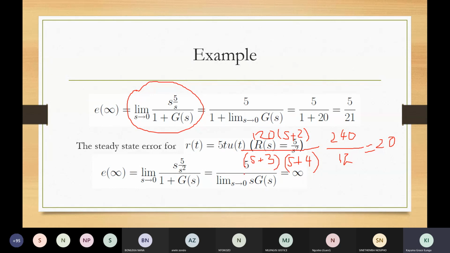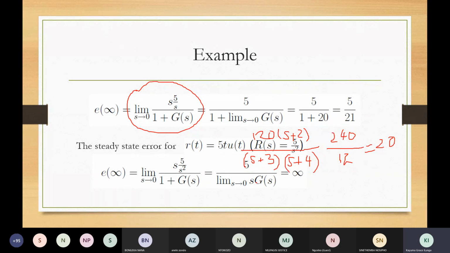That s is going to be times this G(s), and the limit as s approaches 0 is going to be equal to 0. We'll have 5, and when we solve as we did there, it can have 20, but this one is going to be times 0 because there is a 0 there.